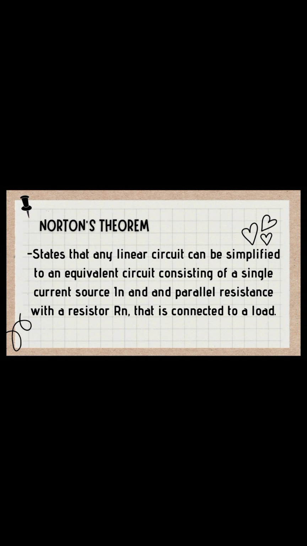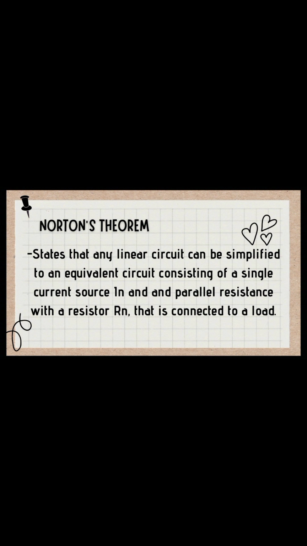Norton's theorem is similar to Thevenin's theorem in that it allows us to simplify any linear circuit to an equivalent circuit. However, instead of using a voltage source and a series resistance, the Norton equivalent circuit consists of a current source with a parallel resistance.